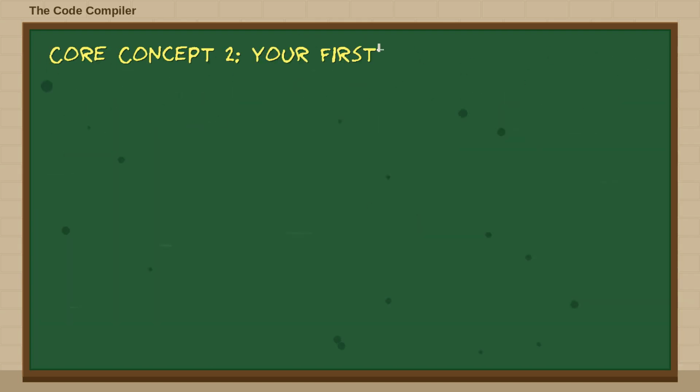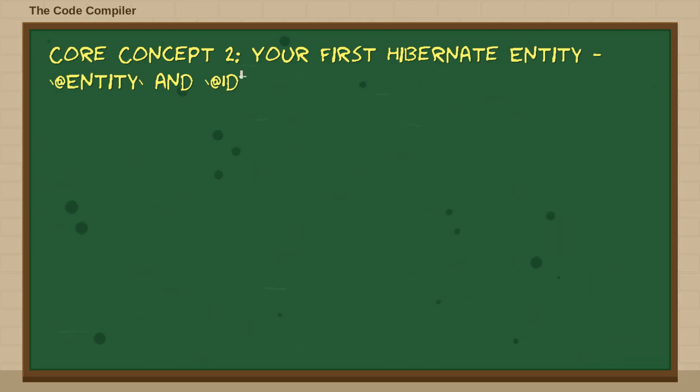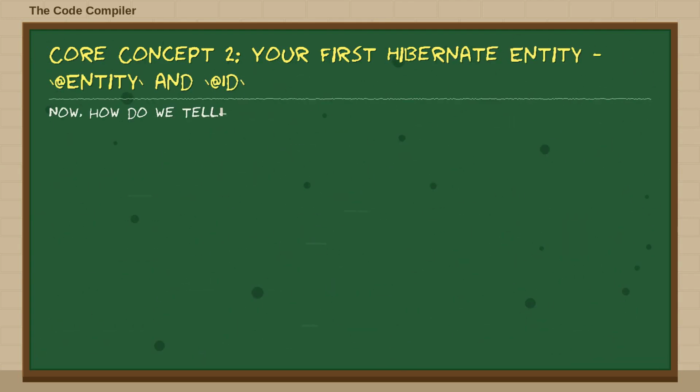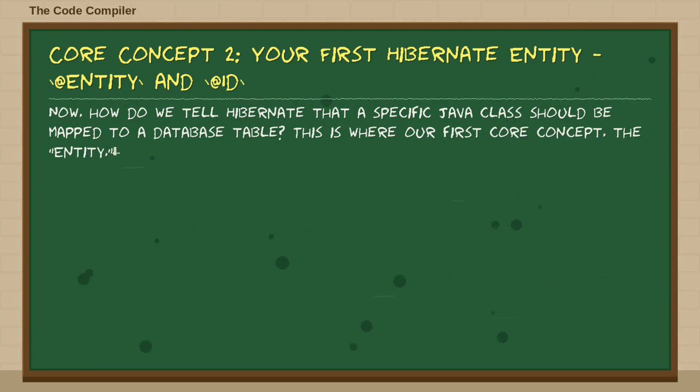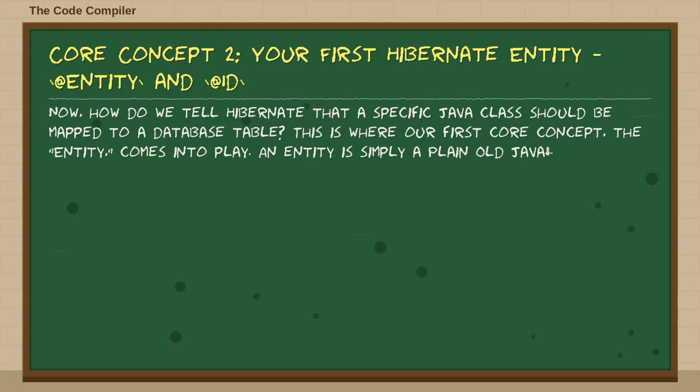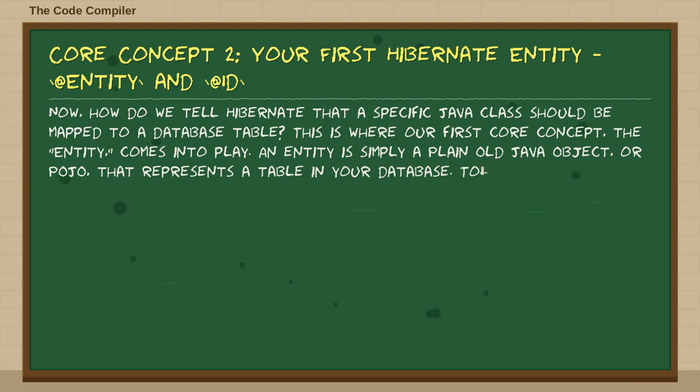Now, how do we tell Hibernate that a specific Java class should be mapped to a database table? This is where our first core concept, the entity, comes into play. An entity is simply a plain old Java object, or POJO, that represents a table in your database.